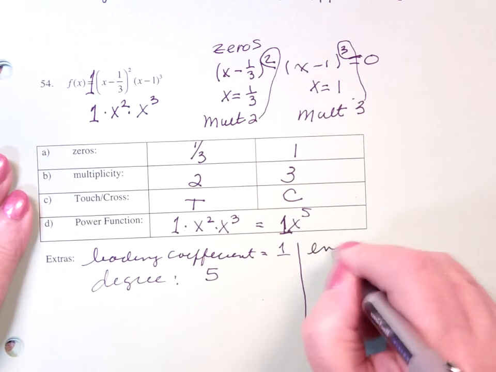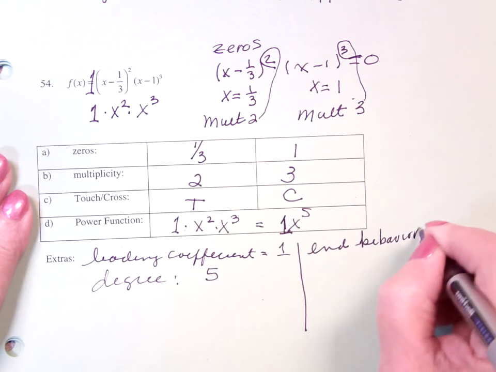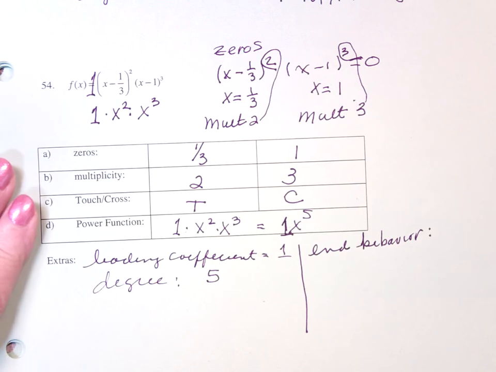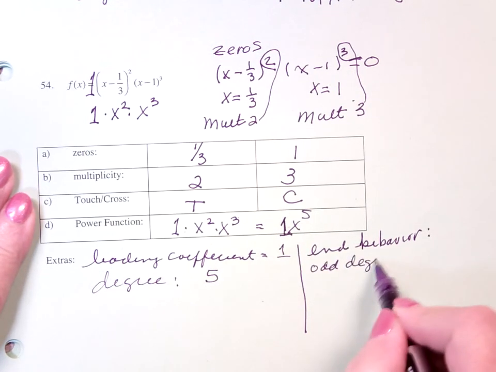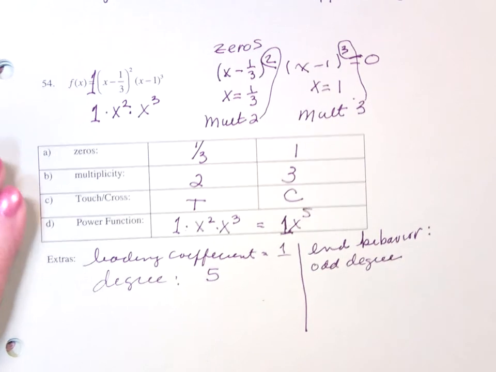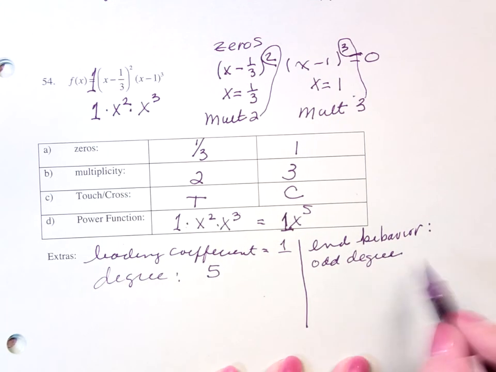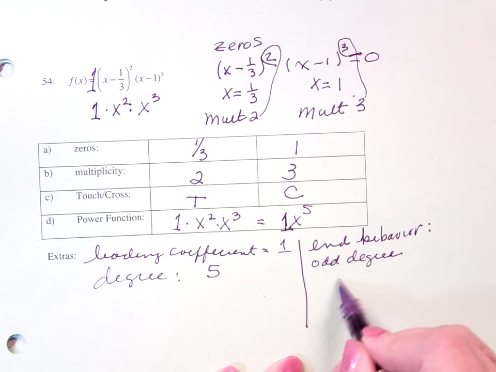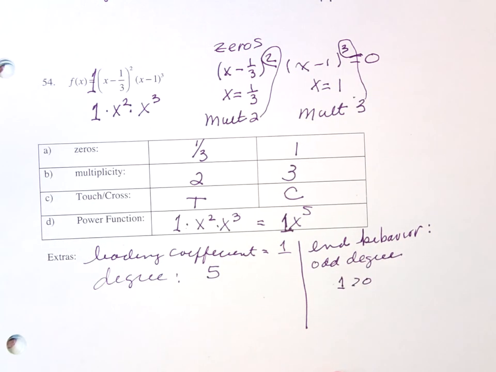What's the end behavior? End behavior, I have an odd degree polynomial. An odd degree, O is odd, O is opposite. So that means that I am looking at a leading coefficient of 1, which is positive. So it's either bottom top or top bottom.